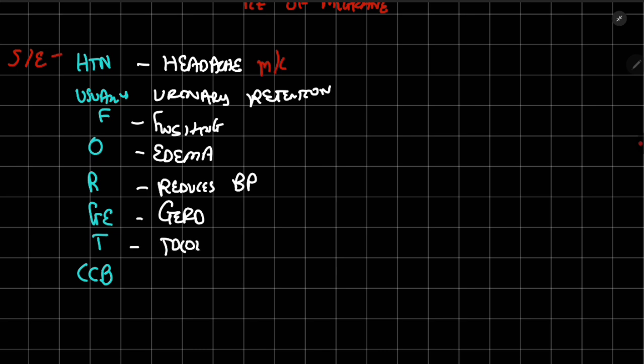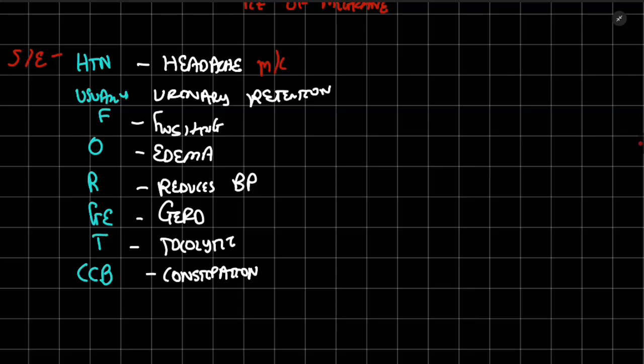T is tocolytic, and CCB is constipation. Very vague and very random side effects, but if you remember this mnemonic, you will remember the side effects. The hypertensives usually forget calcium channel blockers. So headache, then urinary retention, then flushing, edema, then reduction in BP, then GERD, gastroesophageal reflux disease, then constipation and tocolytic.